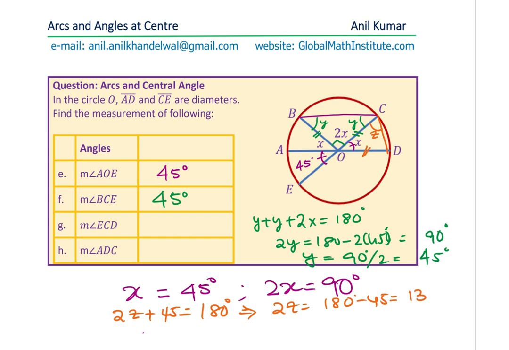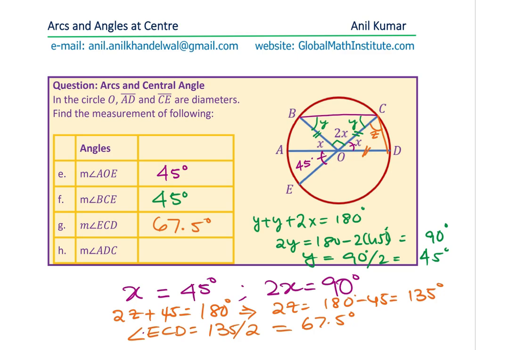That gives us 135 degrees, and half of that is the angle C. So now we know that angle ECD is equal to 135 divided by 2, which is 67.5 degrees. So this angle will be 67.5 degrees. Is that clear to you?